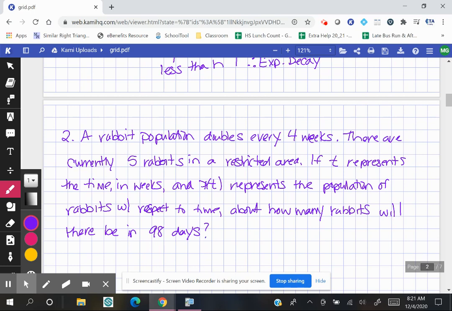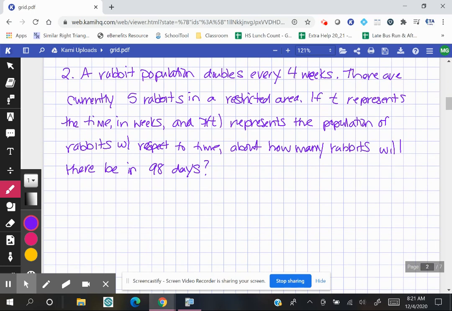So that's why they're not that specific about how many rabbits, plus you're talking rabbits, so we're going to round for that. All right, so we know we're having exponential growth.